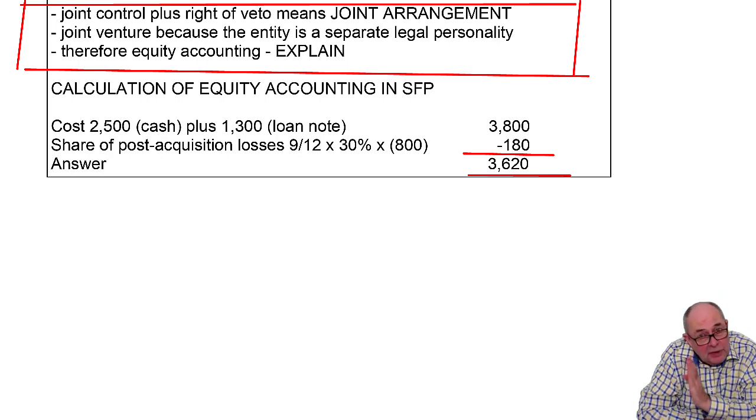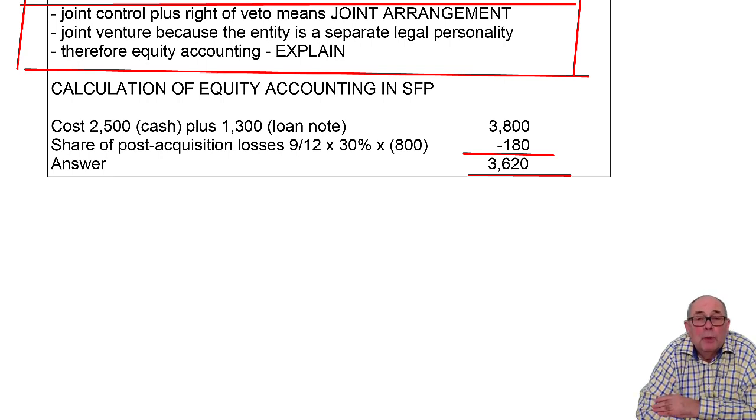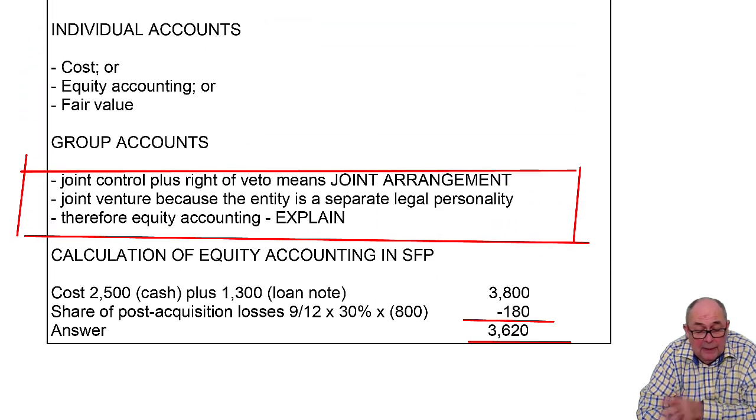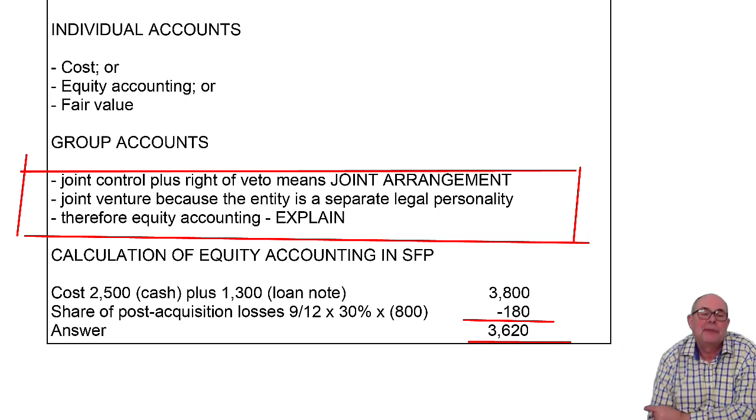But we weren't just asked about the position in the group accounts, we were also asked about the parent's accounts. Now I can't do anything about it, but the accounting standard says you can either use cost or equity accounting or fair value, as in financial instruments fair value through OCI or something like that.